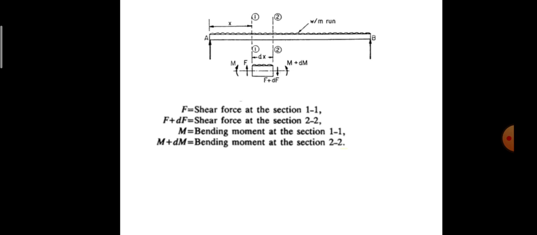Therefore the shear force at section 1-1 is equal to F, and the shear force at section 2-2 is equal to F plus dF. So the shear force variation between 1-1 and 2-2 is nothing but dF. Similarly, dM is the bending moment variation between sections 1-1 and 2-2.